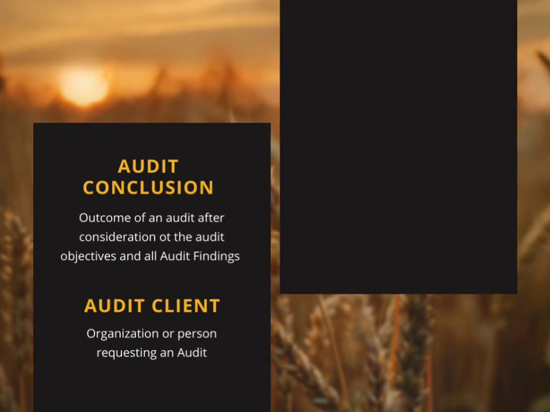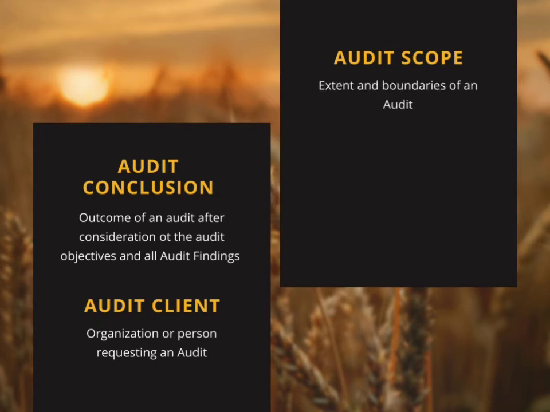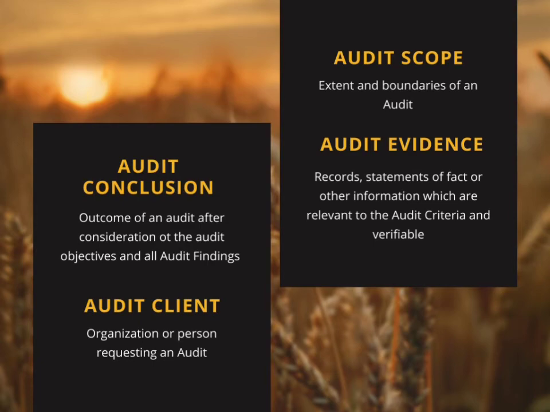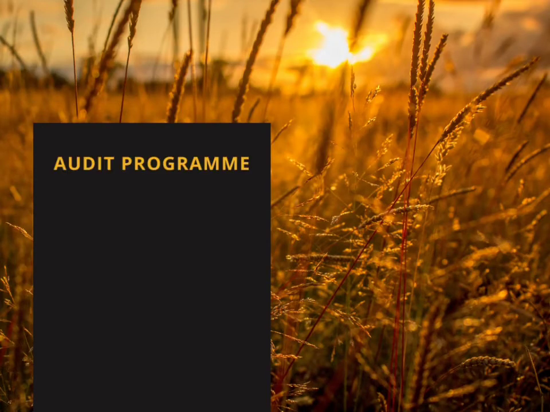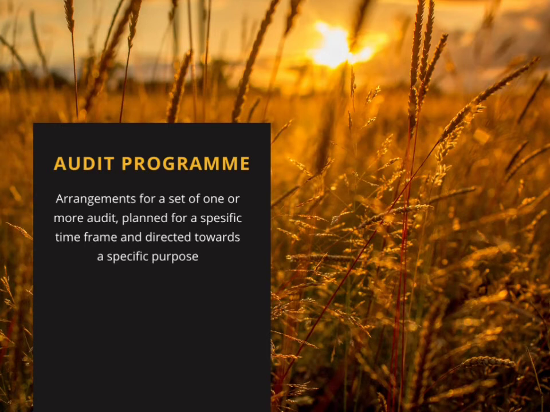Other important terms include the audit scope, which refers to the extent and boundaries of an audit. Audit evidence refers to records, statements of fact, or other information which are relevant to the audit criteria and verifiable. Continue with the audit program, which refers to the arrangements for a set of one or more audits, planned for a specific time frame and directed towards a specific purpose.